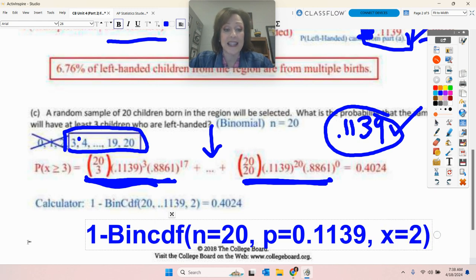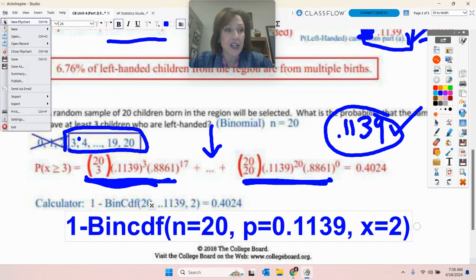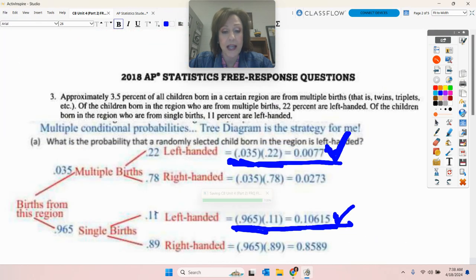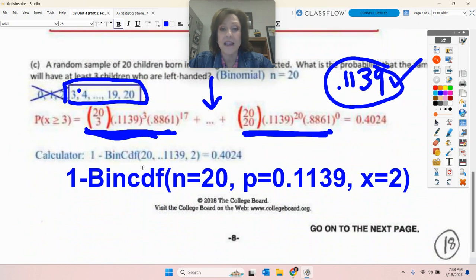If you had done this right here, you would have gotten full credit. So that's interesting. I definitely do want you to realize that defining those parameters could be done this way at the very least if you do not understand this binomial formula.